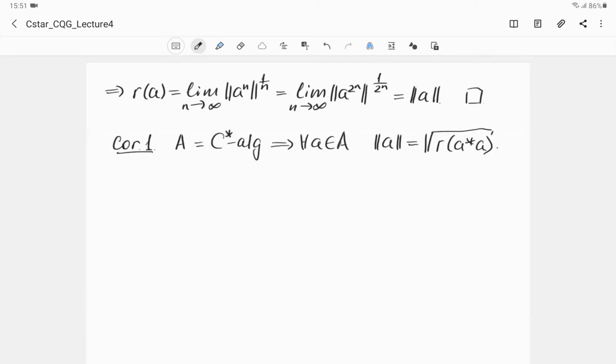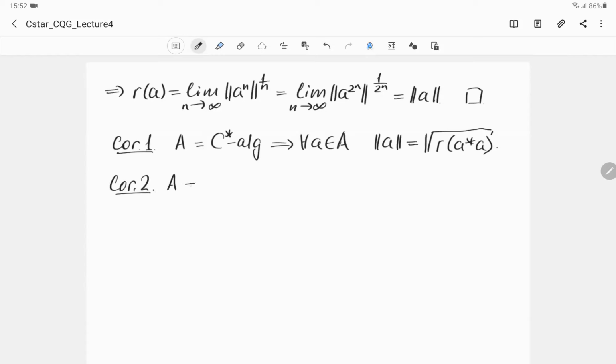So what is the meaning of this corollary? The point is that the right-hand side of this equality is defined in pure algebraic terms. I mean, this is the spectral radius. So this implies that the norm of a C-star algebra is uniquely determined by its algebraic structure. In other words, we have corollary 2.